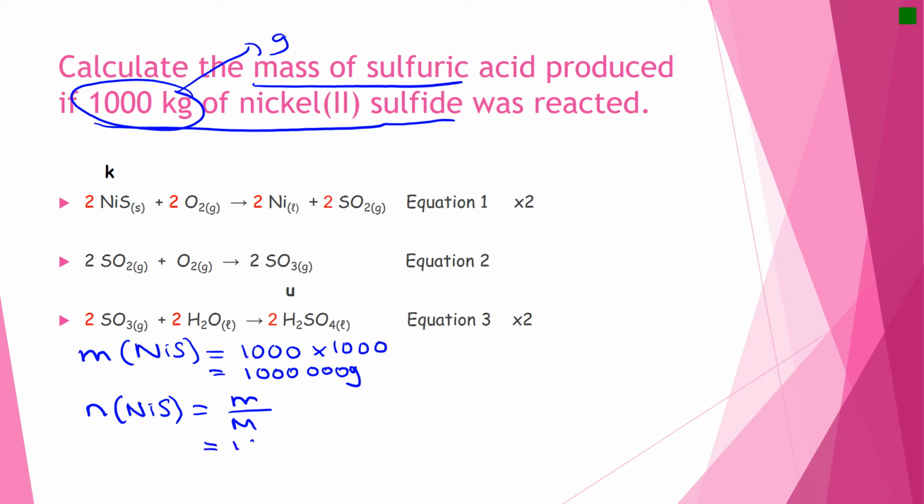My mass was 1,000,000 divided by the formula mass for nickel sulfide, which we have to get off the periodic table, which is 90.76, which comes out to 11018.07 moles. Now we'd expect it to be a very large quantity because this is an industrial process. No one in industry makes very small quantities.